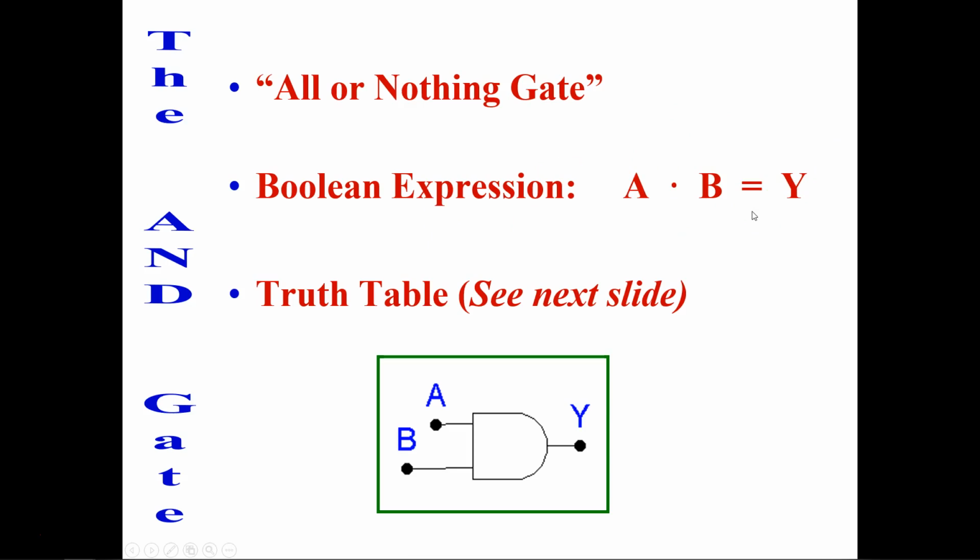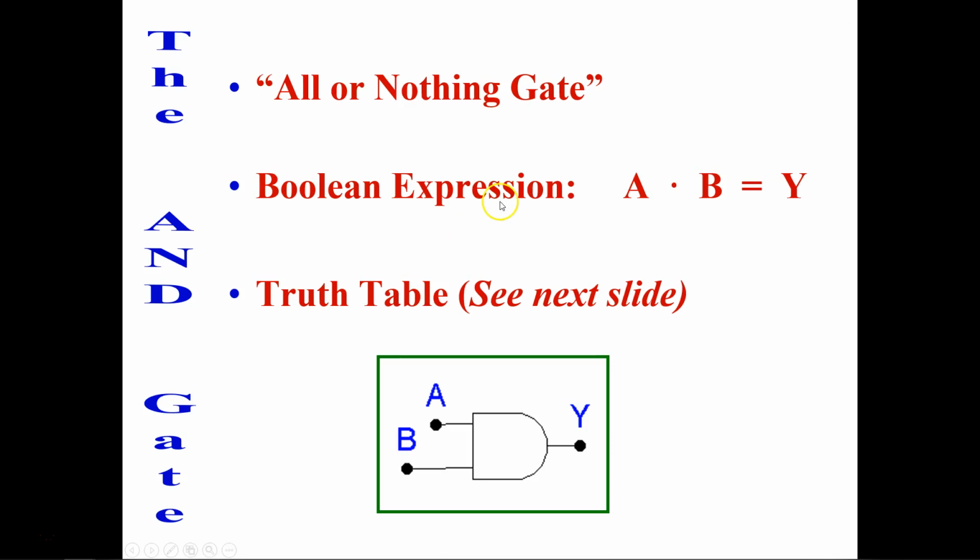All operations in Boolean algebra can be created from 3 basic logic functions: AND gate, OR gate, and NOT gate. So we're going to begin with 3 basic logic gates, and then we can make other logic gates which are derived from these basic logic gates, and they are called your NAND gate, NOR gate, and so on. So let's see AND gate.